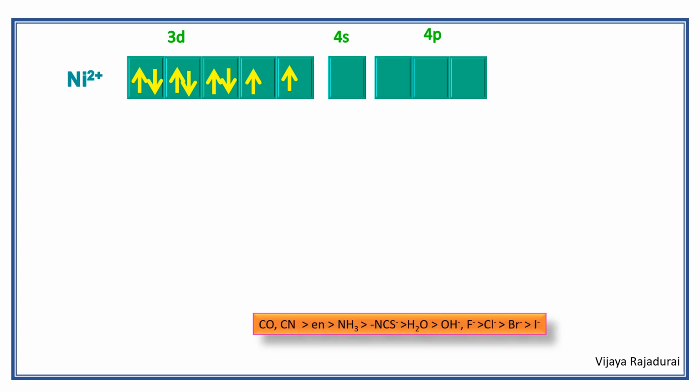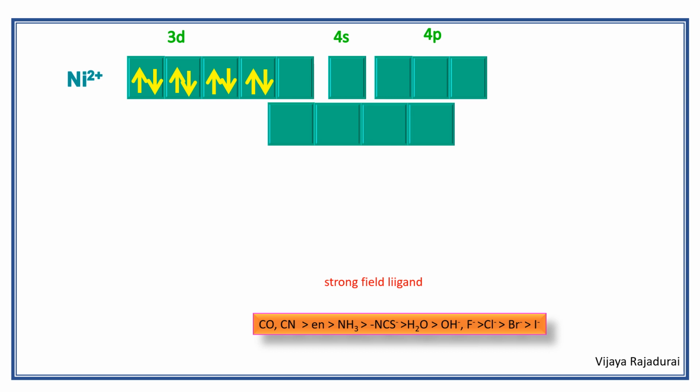In this complex, four cyanide ligands are present. These four cyanide ligands are strong field ligands, so they can cause pairing of electrons in the d orbitals. Here you can see how electrons are pairing in the d orbitals. Now one 3d orbital, one 4s orbital and two 4p orbitals hybridize together, forming four dsp2 hybridized orbitals.